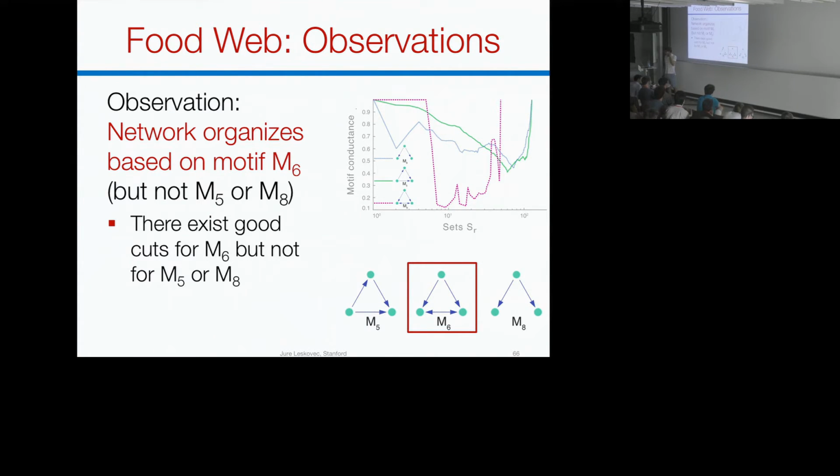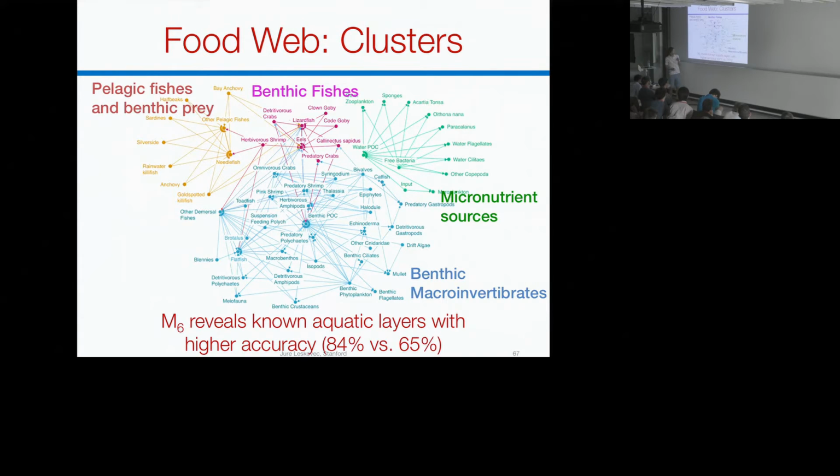And if you now look at what are the clusters you get, I'm showing you here. So far, I was telling you only how do you find the best cluster. The way you can find multiple clusters is either compute more than one eigenvector of the Laplacian matrix and then do k-means clustering, or think of it that you take the entire network, take out the cluster, have the rest of the network, take out one more cluster and keep iterating.